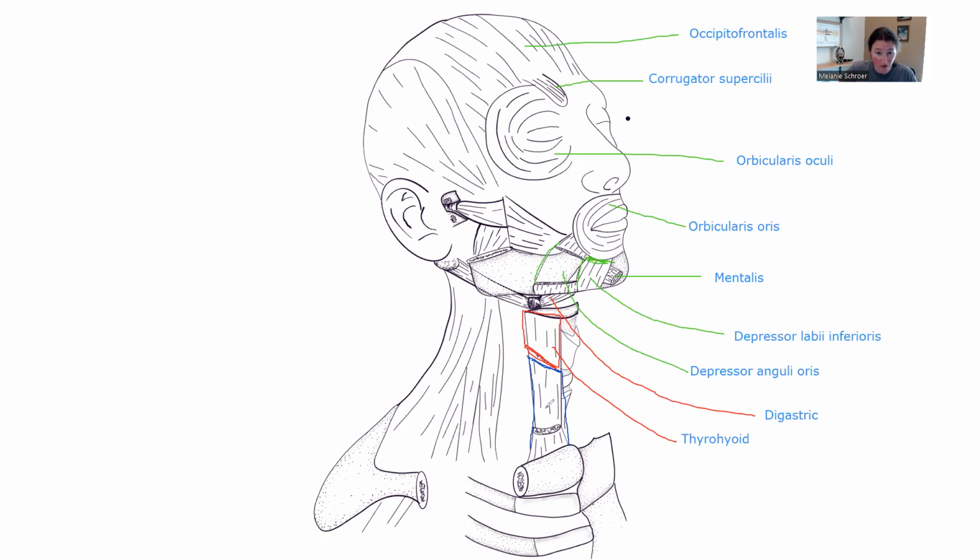This muscle has been cut off, so both of these thyroid muscles are deep. And so this one is called the sternothyroid muscle. Sternothyroid, going from the sternum all the way up to the thyroid cartilage, not the thyroid, the actual gland.